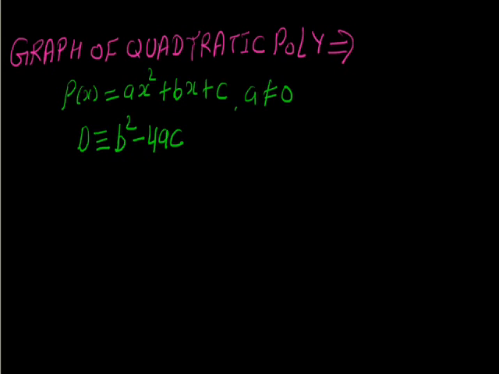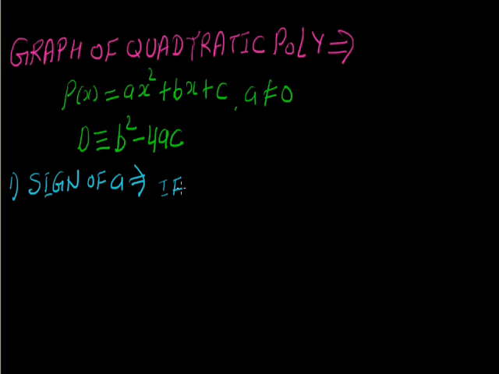Now we look at how the graph depends on these parameters, one by one. First, the sign of a. Here we consider two cases.